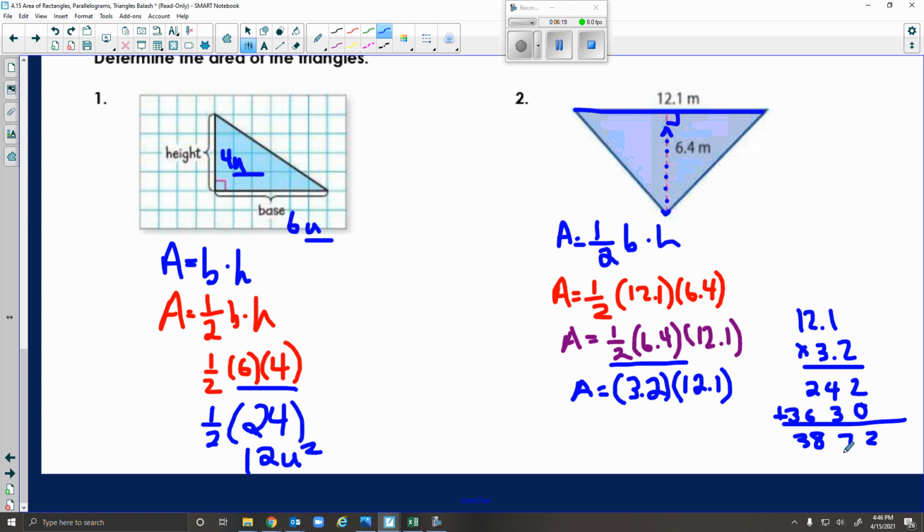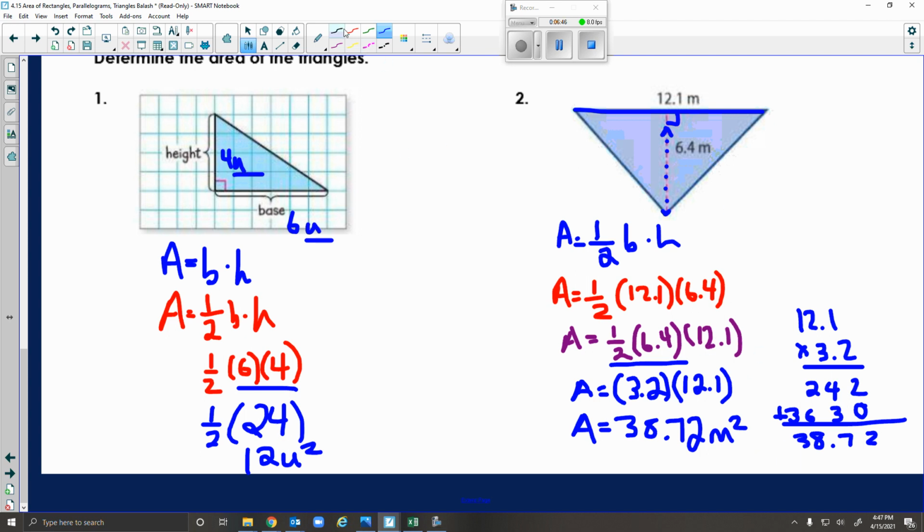So I go 1, 2 over. And my area is going to equal 38.72 units squared. Oh, it's not units. Sorry. It is M for meters. Meters squared, because we're taking meters times meters in our computation up here.